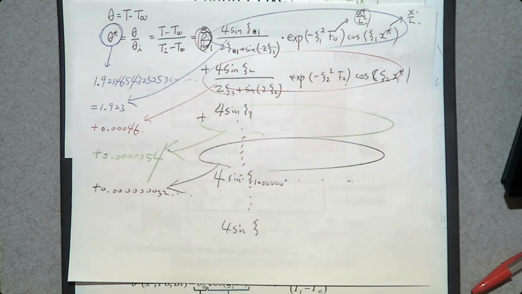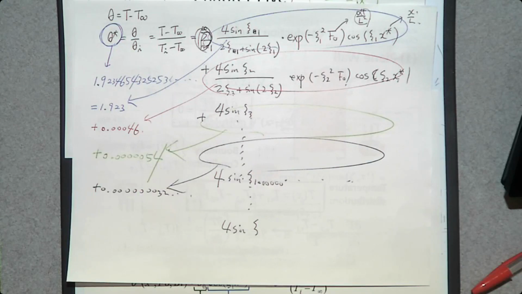Is it really necessary to solve all this, the exact solution? Not really. I will be okay to stop here. The exact solution is 1.92346, and so on. I will be okay saying that the solution is just 1.923.